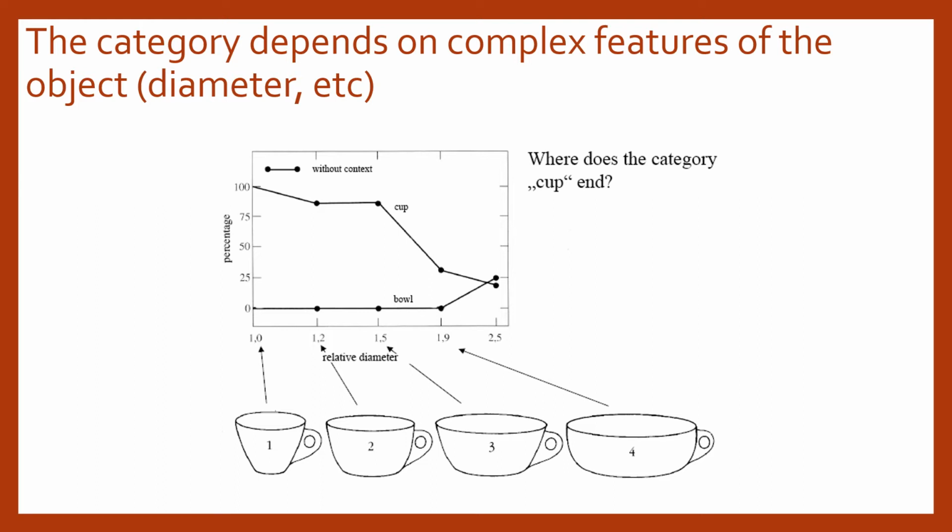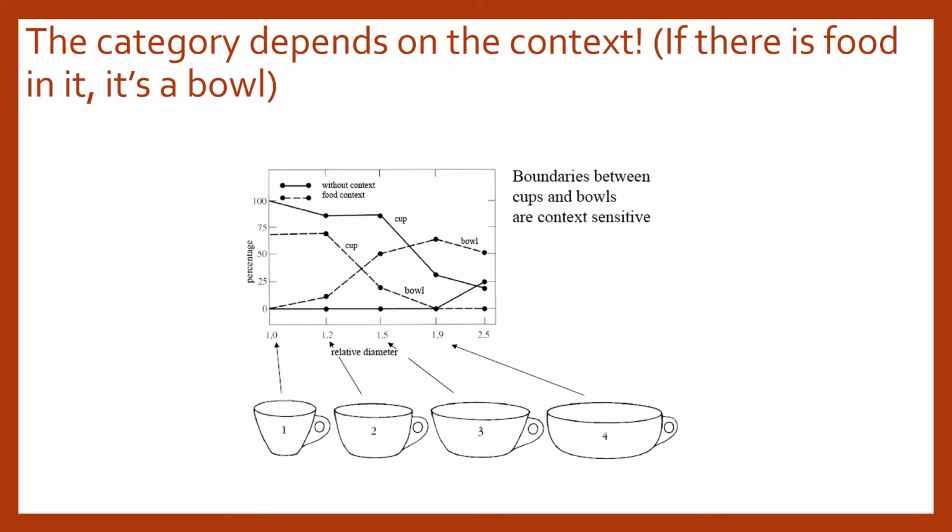When we talk about a cup or a bowl, they have very similar geometric representations, and when we try to define them, if you look at one particular feature like relative diameter, you will see in what range it would more likely be a cup, and in what range it starts to be more likely a bowl.